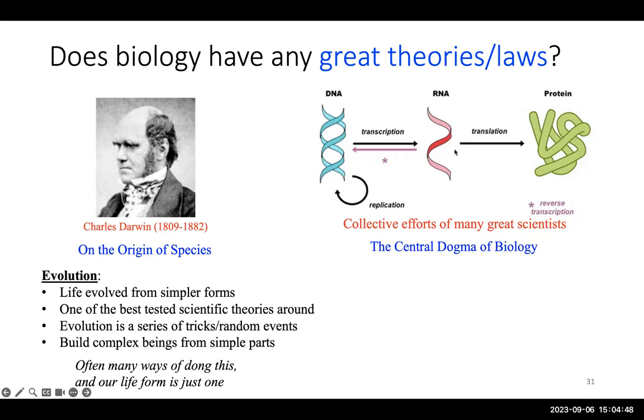This always happens in viruses. A virus can inject its RNA into a cell or into a bacterium, and then that can be converted into DNA. Now, when you look at this central dogma, do you think there can be other arrows added into this picture?